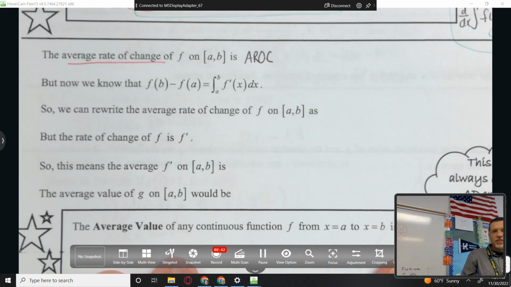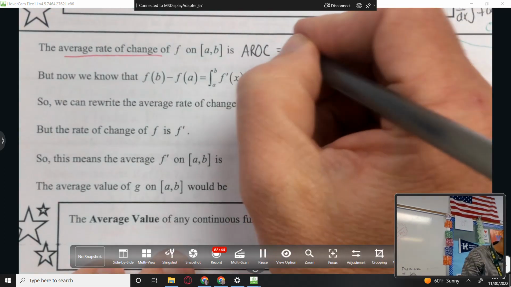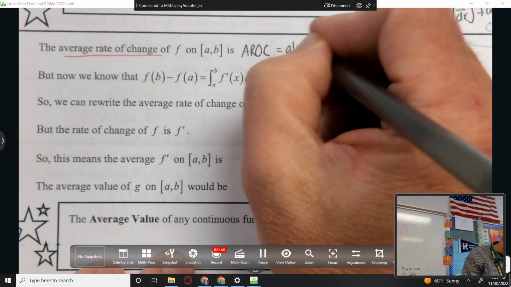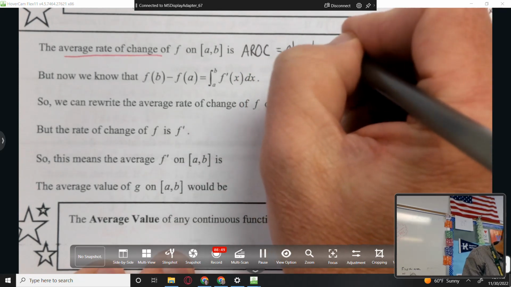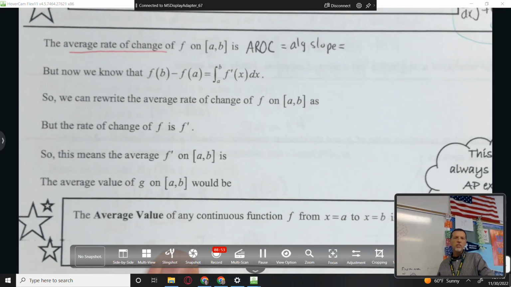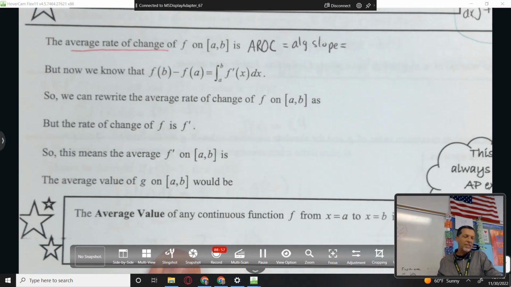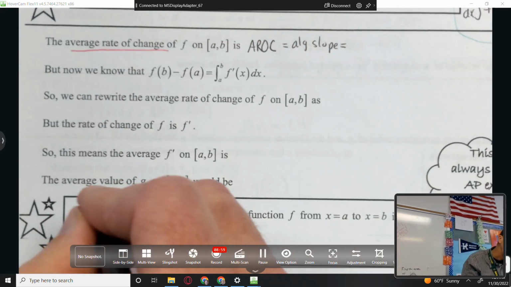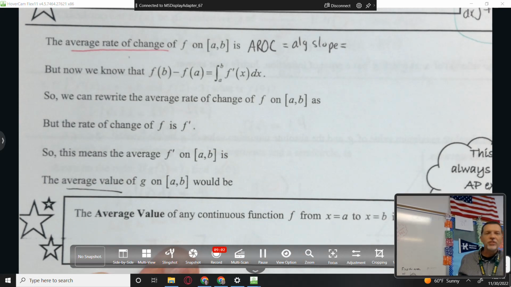So that's just the good old algebra slope. That's not the new thing we're doing today. We're going to head toward average value, not average rate of change. But we'll start with average rate of change and work our way to average value.